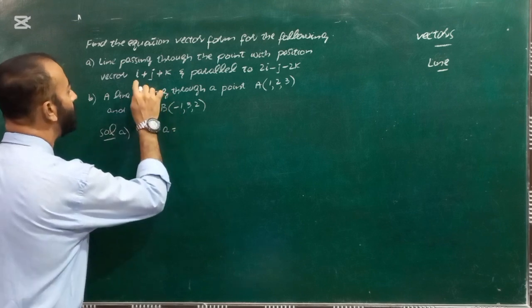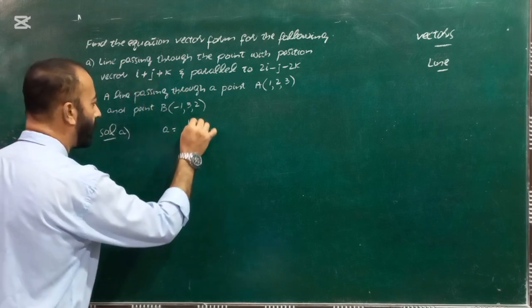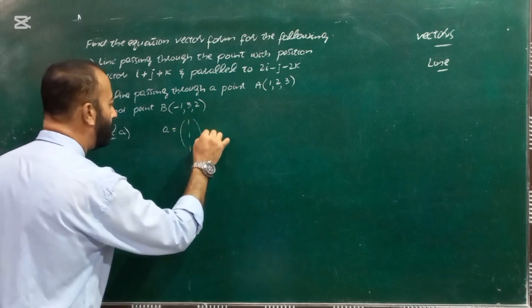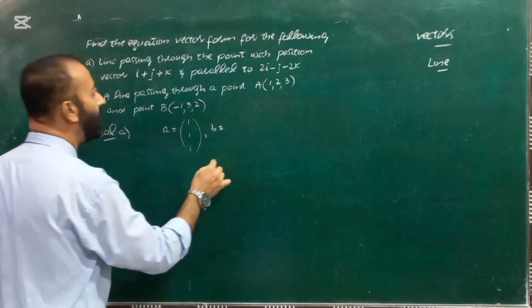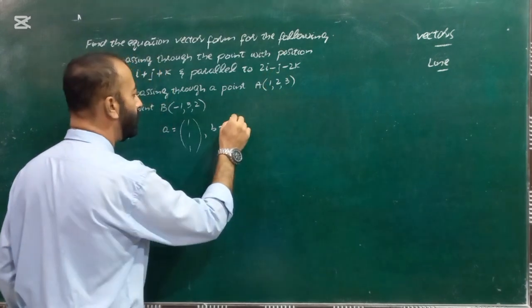A is equal to 1 1 and 1, and B is the direction vector, that is 2 -1 and -2.